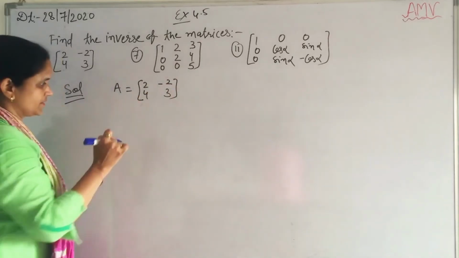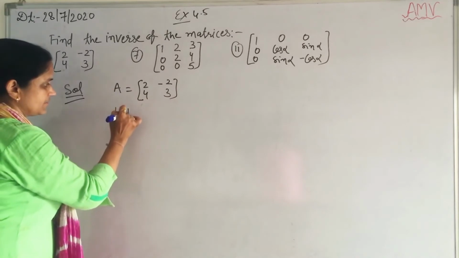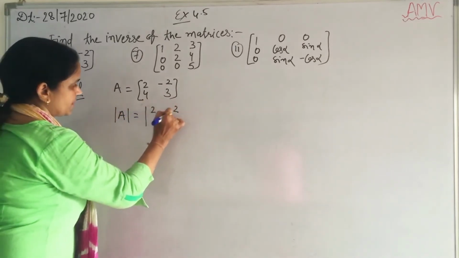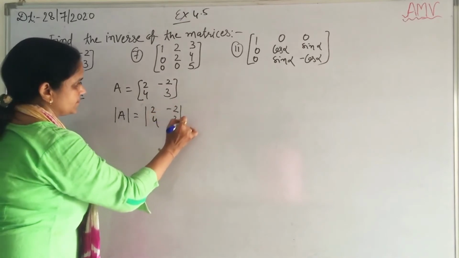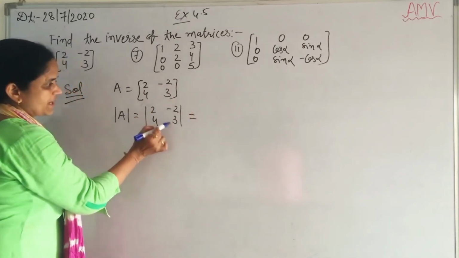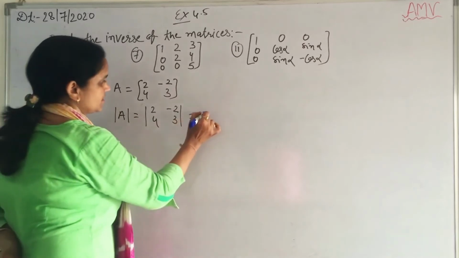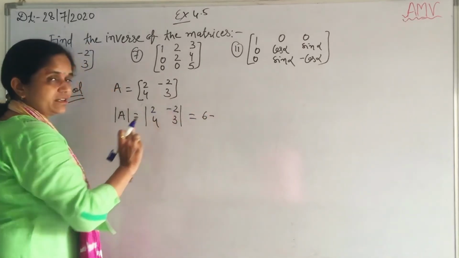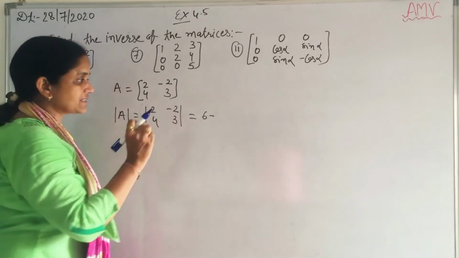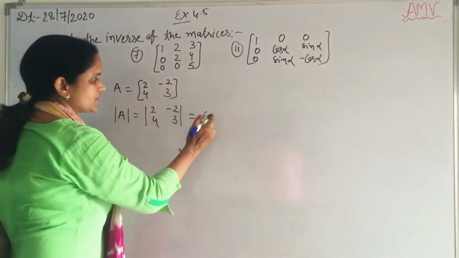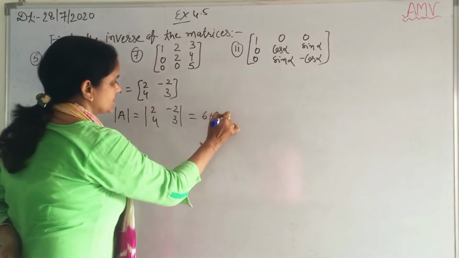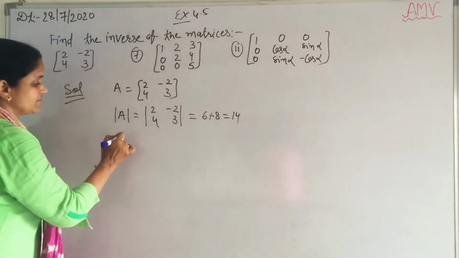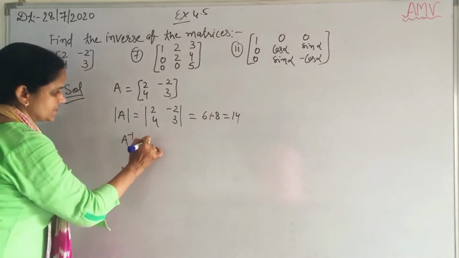To find the inverse, first find the value of the determinant. Solve it. 3 multiply with 2, so it is 6. Then put the minus sign, and 4 multiply with minus 2. It is minus 8. But here is the negative sign, so it's plus 8. Okay students, it's 14. It means the inverse exists.